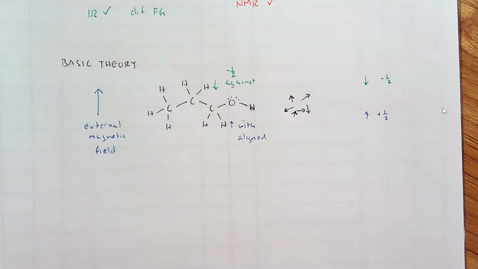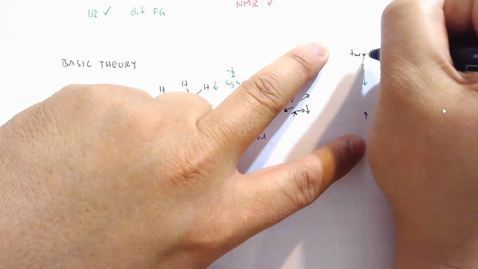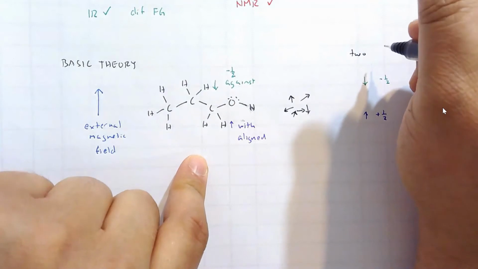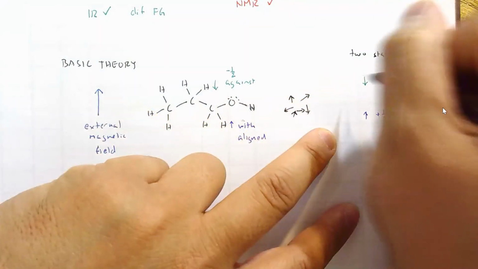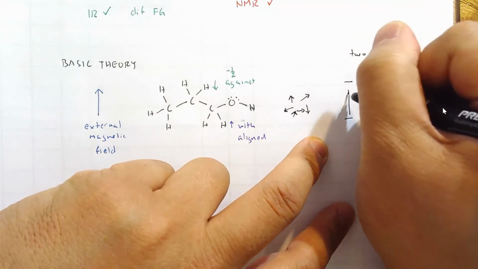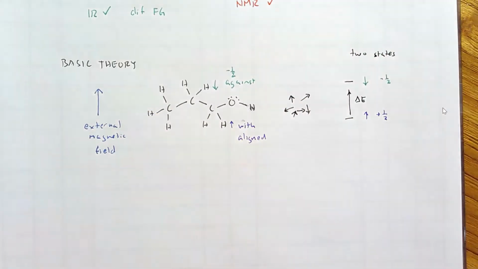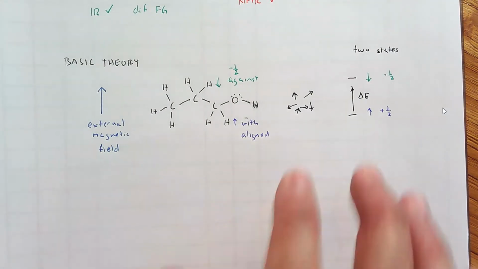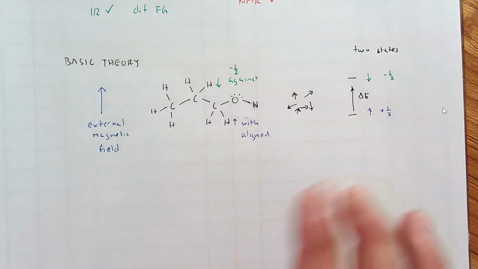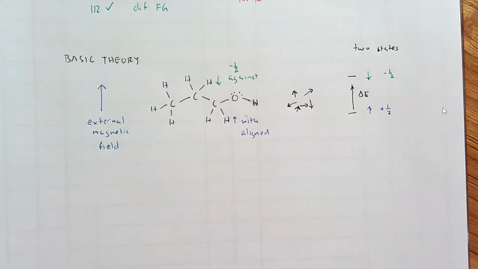I think that's the most important part. There are two states when you apply a magnetic field to the molecule. State 1 and state 2, and they differ by some energy difference. That's the setup of NMR. You put the molecules in a magnet and get these spins aligned with or against the external magnetic field.